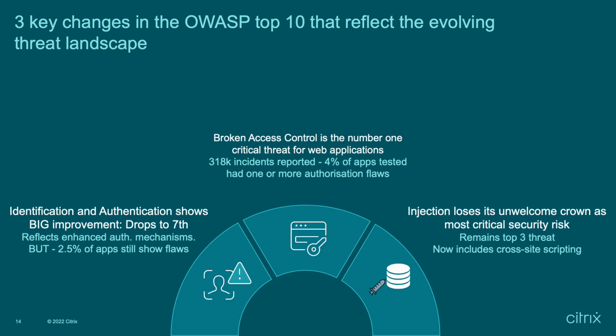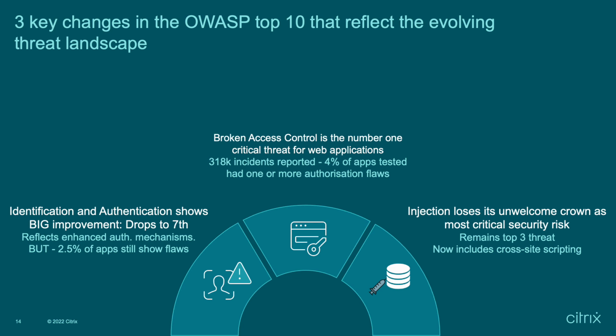Access control, on the other hand, I suppose the corollary to the improvements in ID and authentication, has been that access control is seemingly more broken than before, taking the top spot on the top 10 list for the first time. OWASP reported that of the tested applications, 3.8% had one or more authorization flaws.